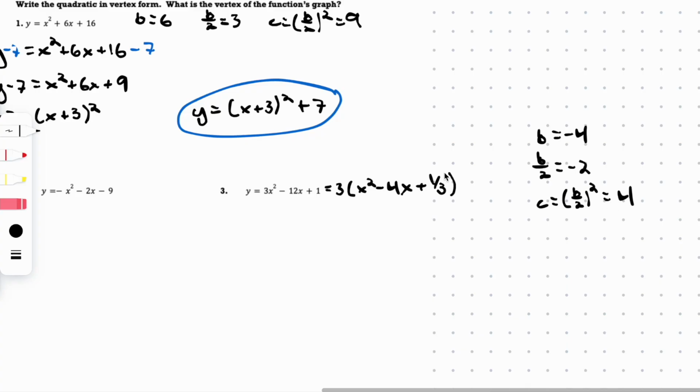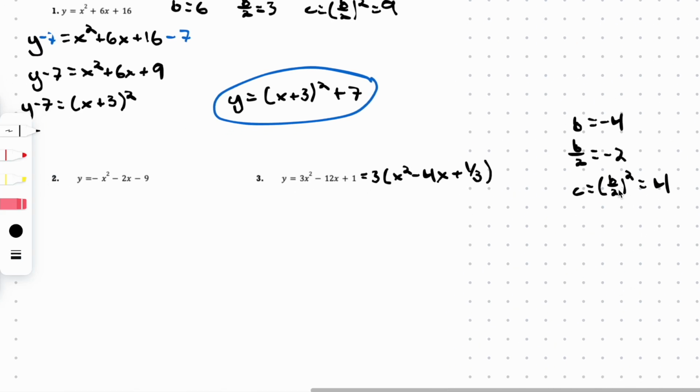So we want to get from positive 1/3 to positive 4 inside the parentheses.